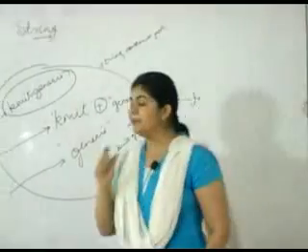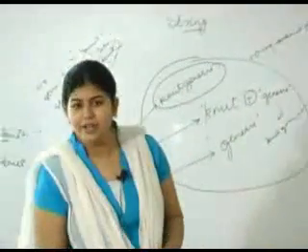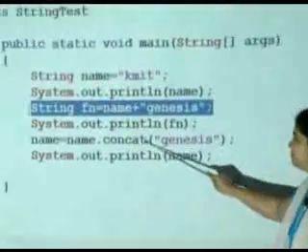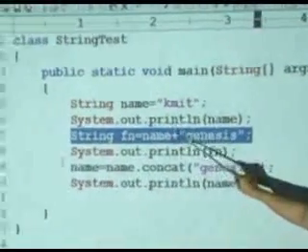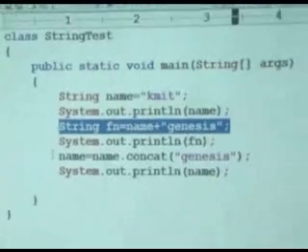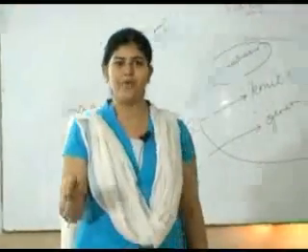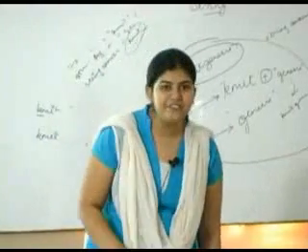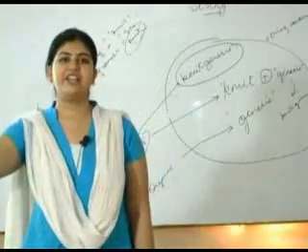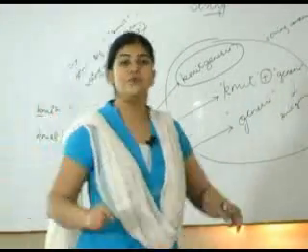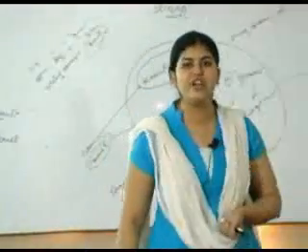So be it your concat method or be it your concat operator, either this method or this operator, both of them are giving you a newly created object in the string constant pool. Now what you need is a reference variable for this newly created object so that you can see the changes in your string constant pool.